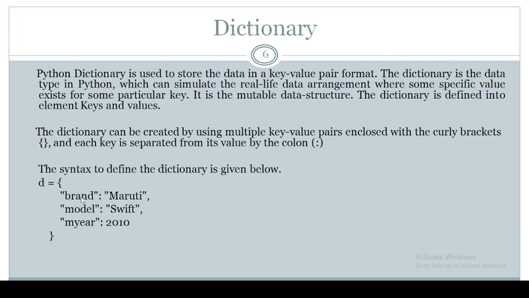So the first key value is brand colon Maruti, meaning brand is the key and Maruti is the value, comma. Next, model is the key, Swift is the value. Next, M year, the manufacture year, is the key, 2010 is the value. So I have three elements, first, second, and third, separated by commas. So this is the dictionary.